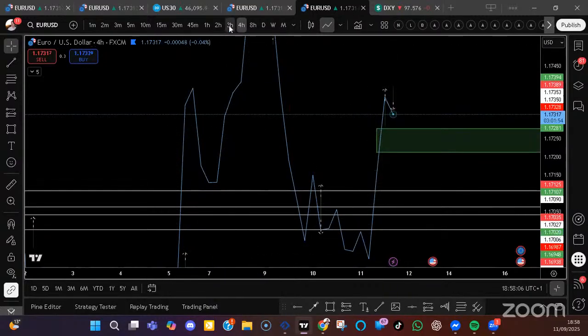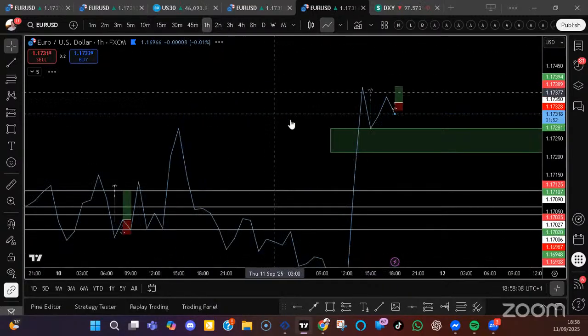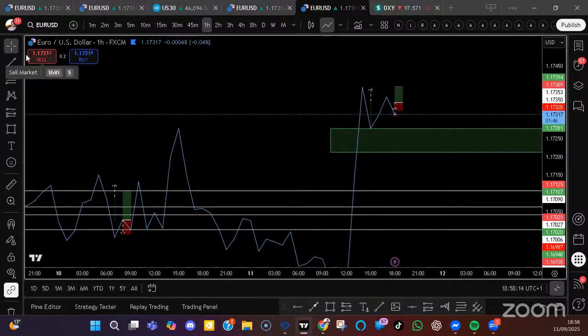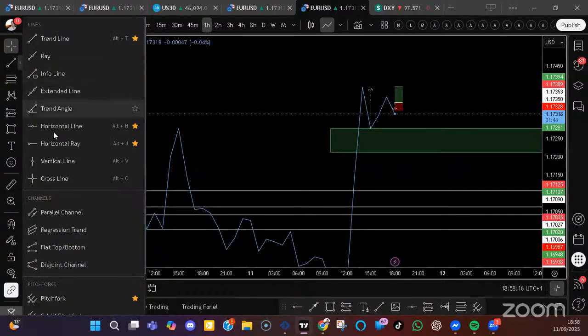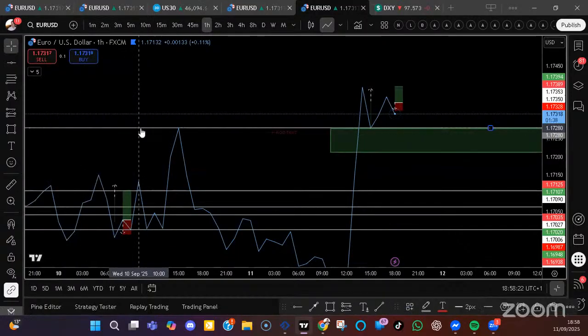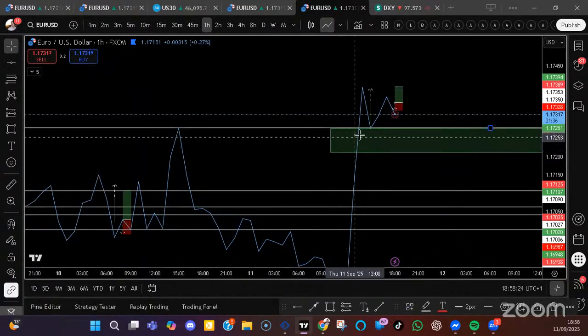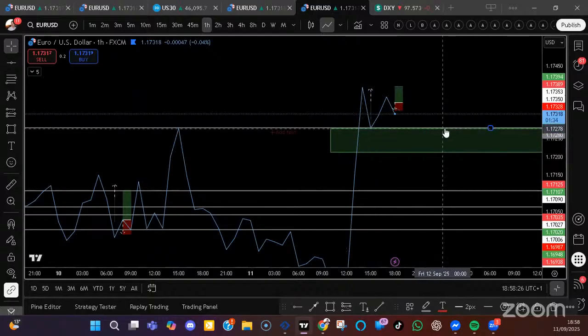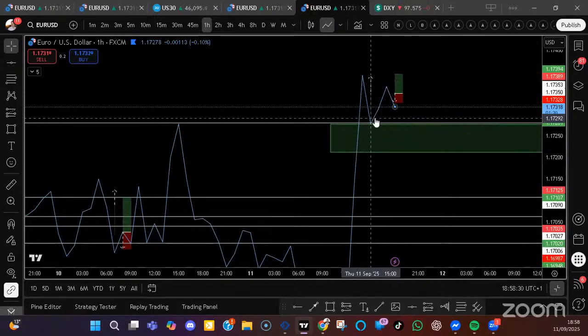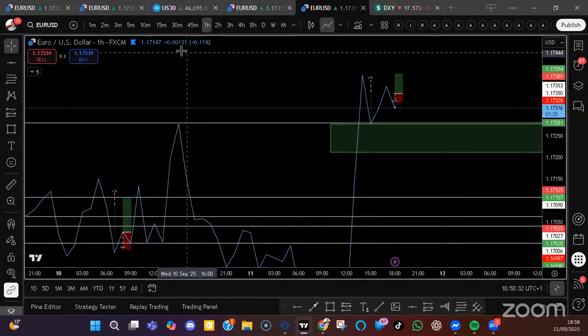and nothing there on the 4-hourly, but go down to the hourly, and nothing. Right, okay, just there we have an area that is quite influential, because it's been support there and resistance there. So that area there is quite a significant area for price to maybe get down to.